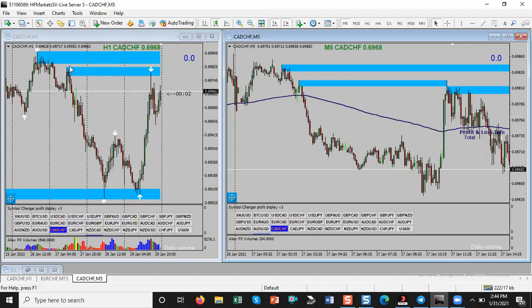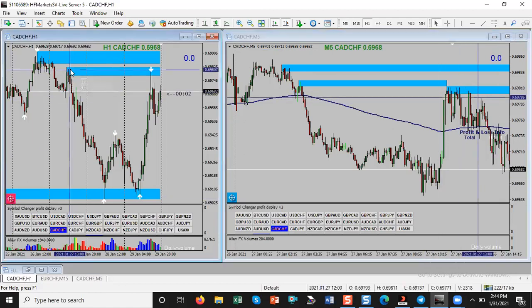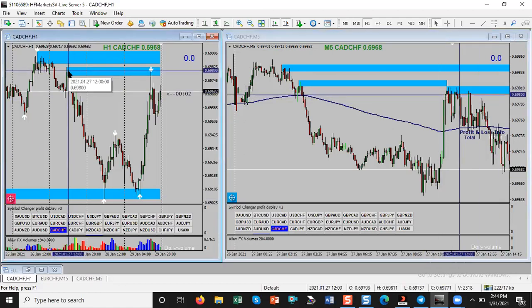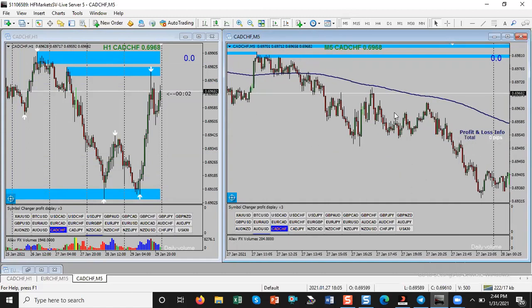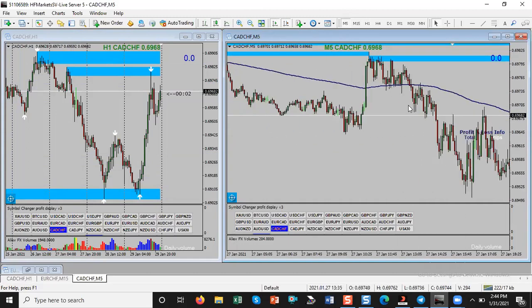So this is what we are using to look for our entry. So let me see what we got on the M5 when this was created. So when this was created was that point. So it was here. So you are waiting. Once this is created, you are looking for a new zone to be formed. On the retest of that zone, we enter.